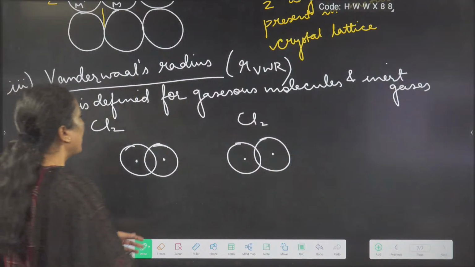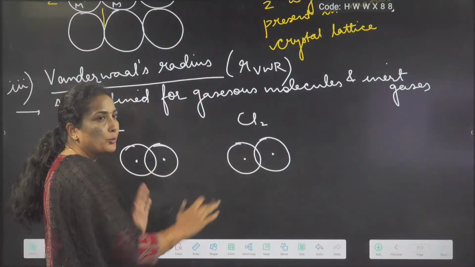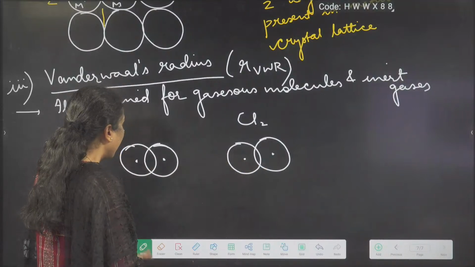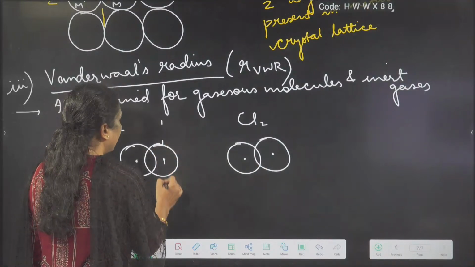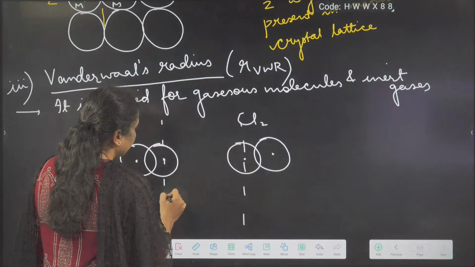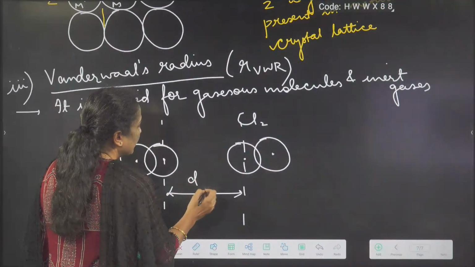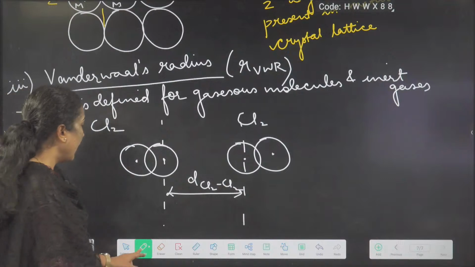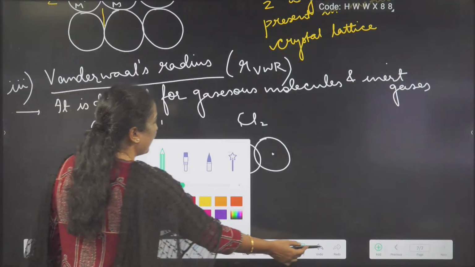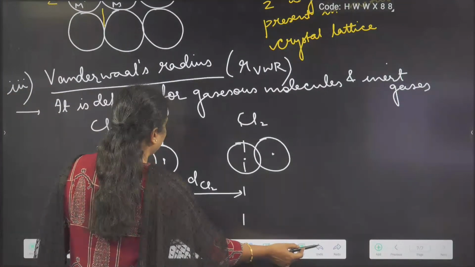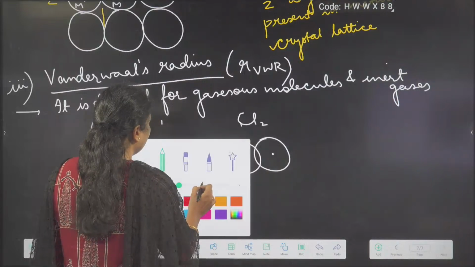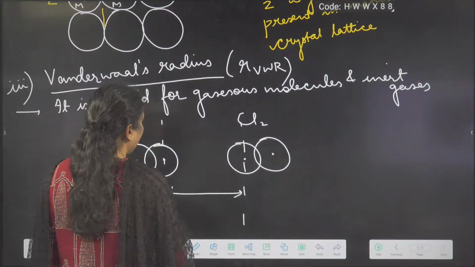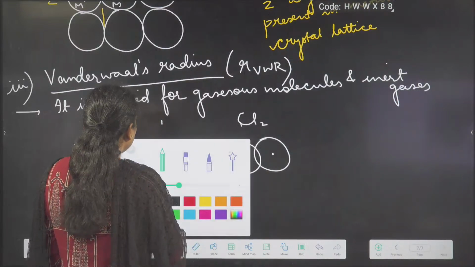Now these two are the neighboring molecules. Now this distance you are able to see, this is dCl2Cl2, right? And in fact, let me just write it as D so that it remains simple.